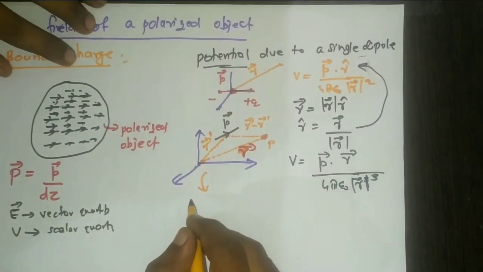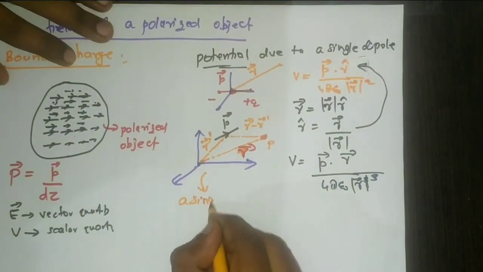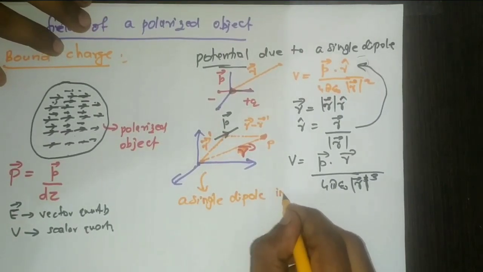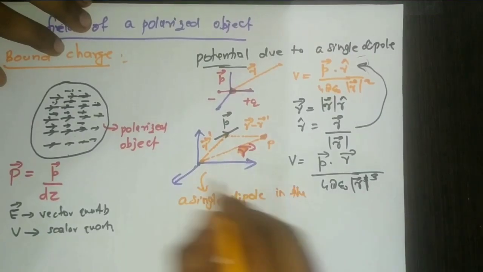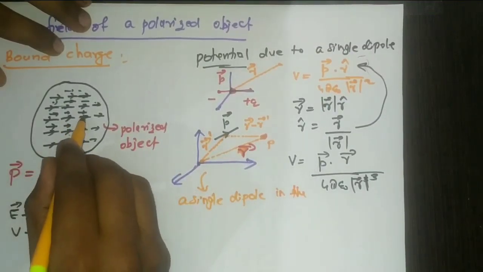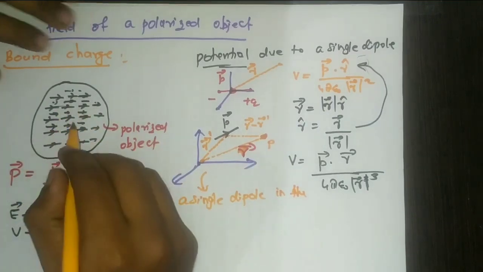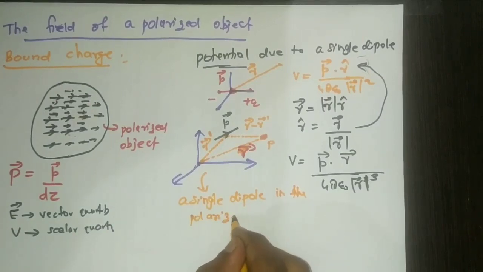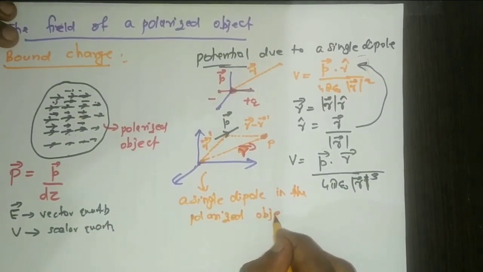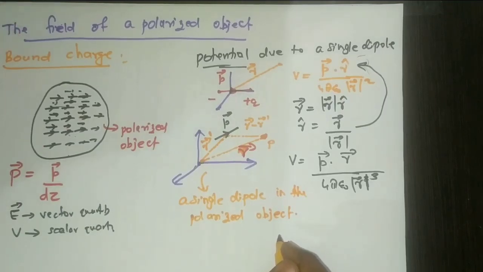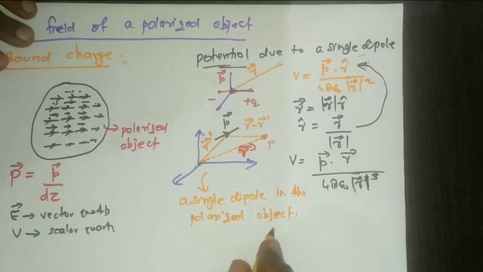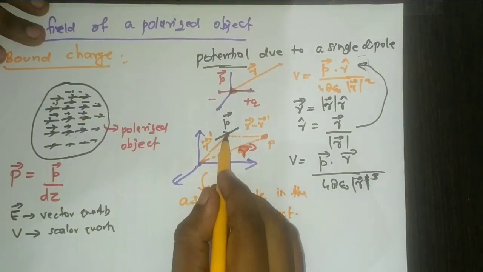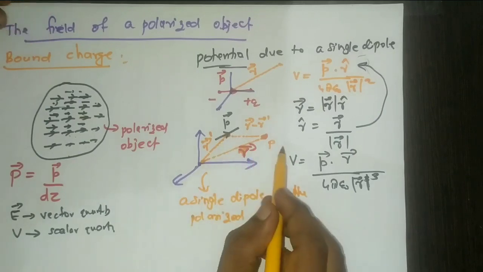This is a single dipole in a polarized object. In this polarized object, we are considering only one dipole of this polarized object. Actually, here we are calculating the potential due to this dipole; this is the source point and this is the field point.